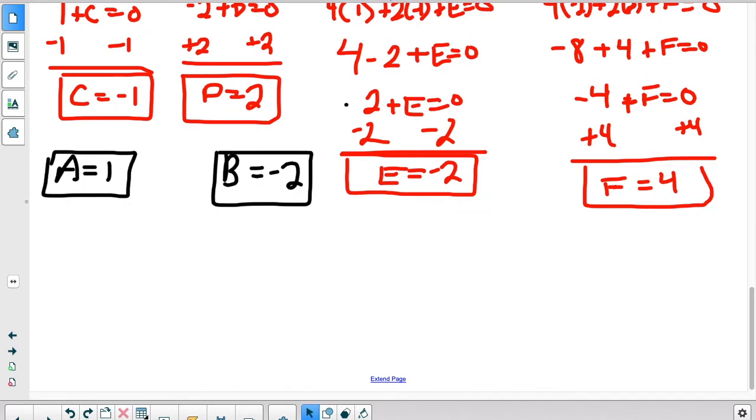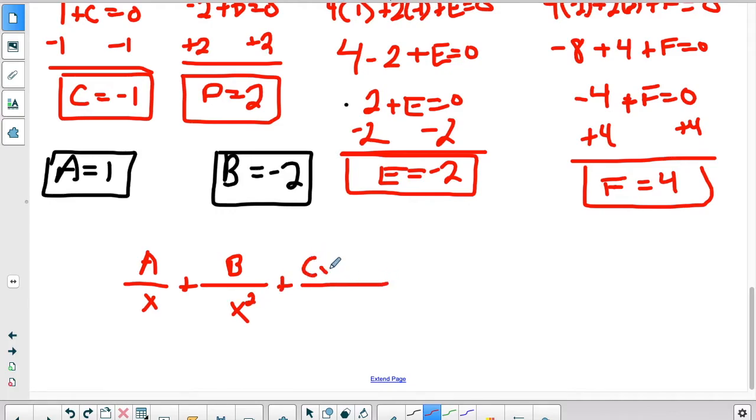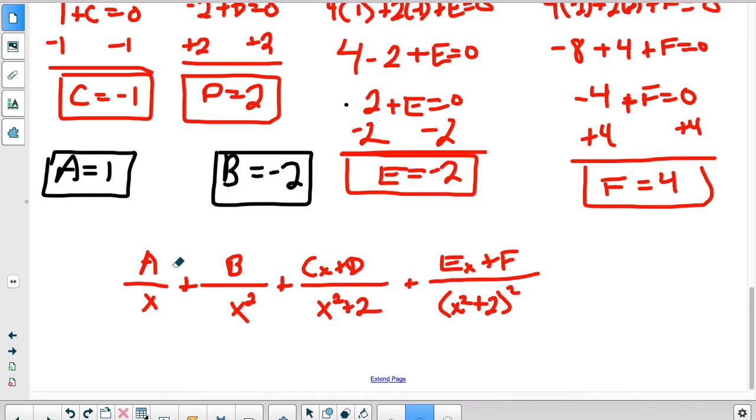Now, if we remember back to what we started with, for this here, we had a over x plus b over x squared plus cx plus d over x squared plus 2, plus ex plus f over x squared plus 2 squared.